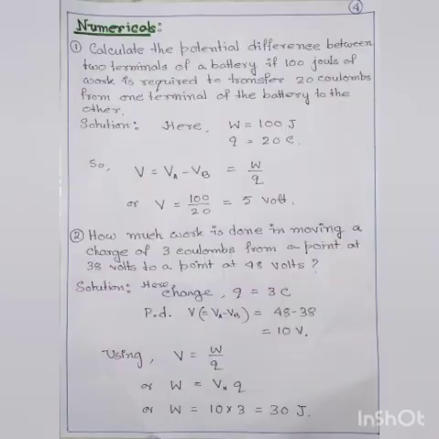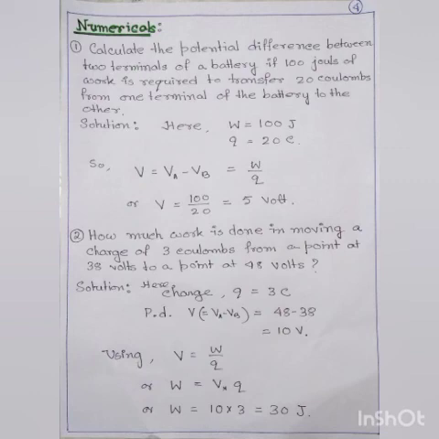Now we will discuss some numericals related to potential and potential difference. Number 1: calculate the potential difference between two terminals of a battery if 100 joules of work is required to transfer 20 coulombs from one terminal of the battery to the other. What is the given information? Work done W equals 100 joule and amount of charge Q equals 20 coulomb.